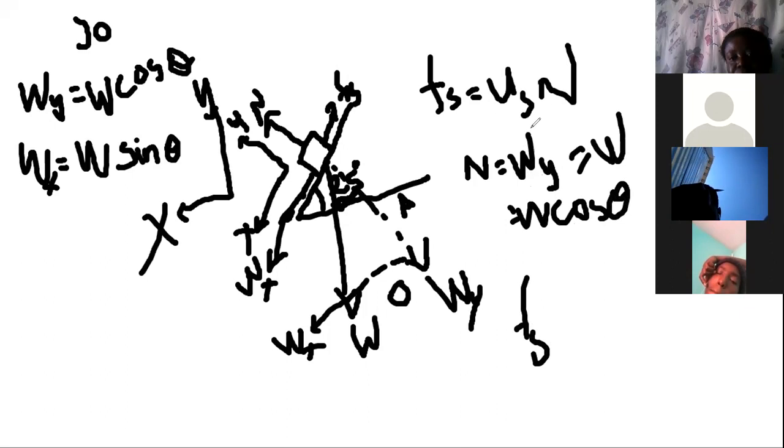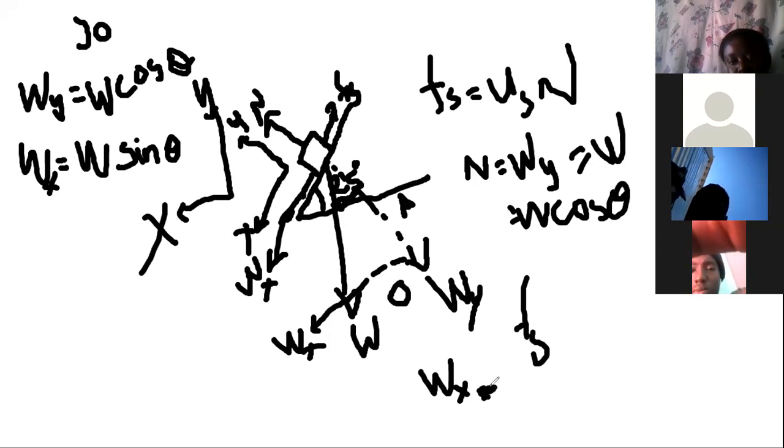Okay, so here it can't help us because we don't know what our static coefficient is. So we go and make use again of the diagram in the x direction. In the x direction, we have the weight acting in the x direction, minus the static friction force.